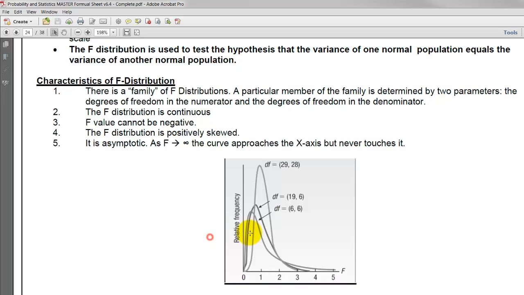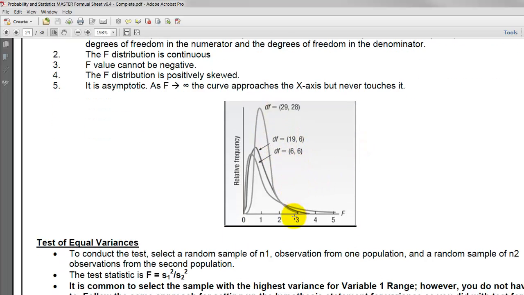And when we're comparing two different samples, the F distribution takes on a shape based on the degrees of freedom in both samples, one for the first sample and one for the second. These are general representations of the F distribution based on a variety of degrees of freedom.